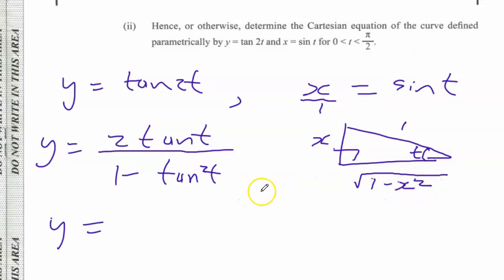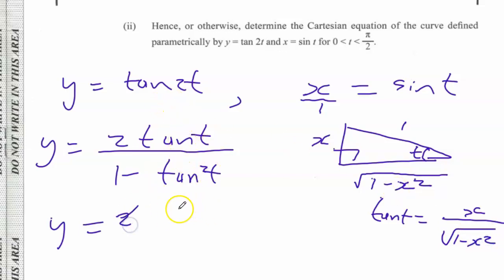This means that tan t will be equal to opposite over adjacent, that's x over root 1 minus x squared. So we can replace tan t with x over root 1 minus x squared.